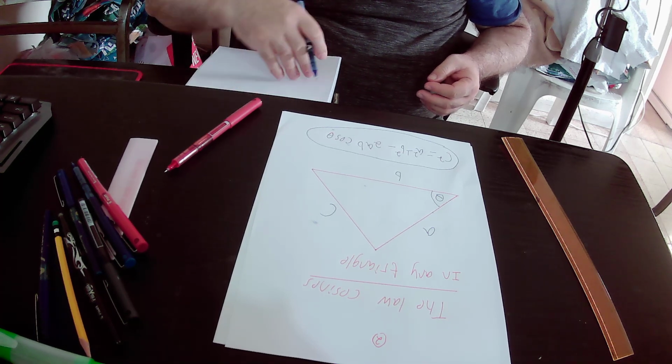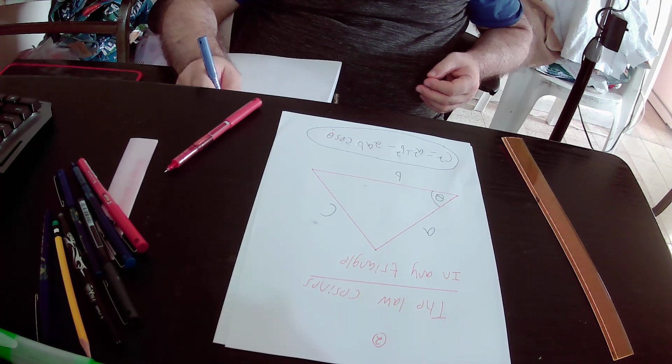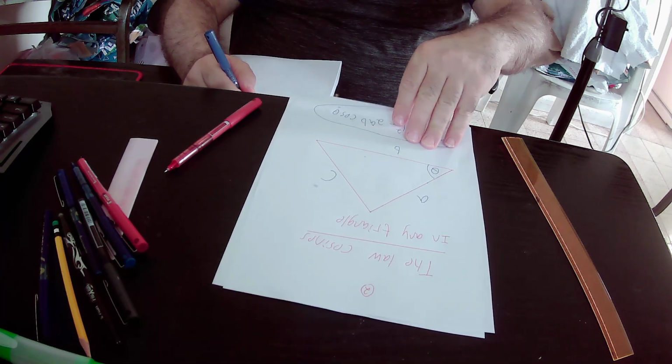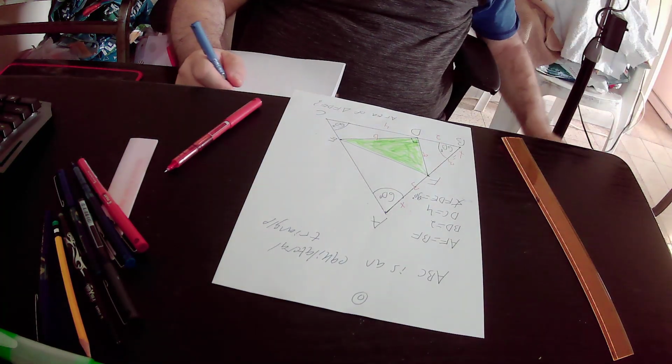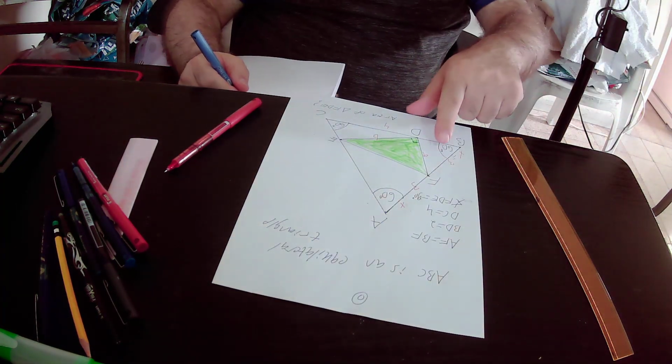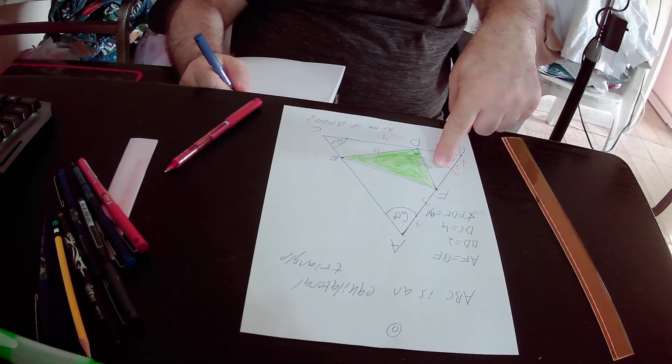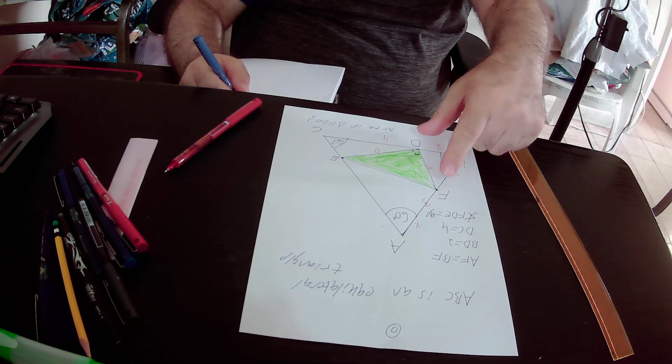Actually, we can apply the law of cosines in the small triangle BFD in order to find out the value of FD.